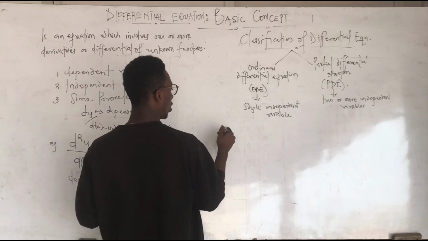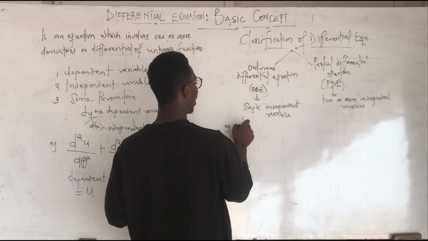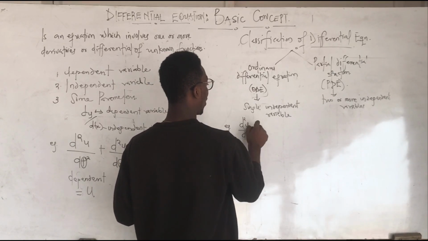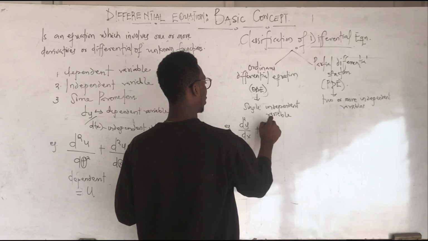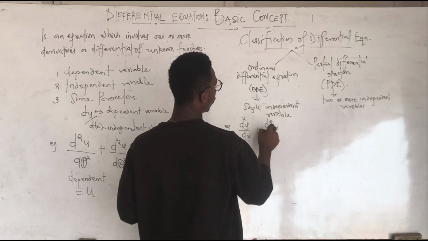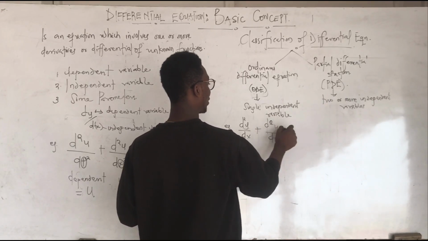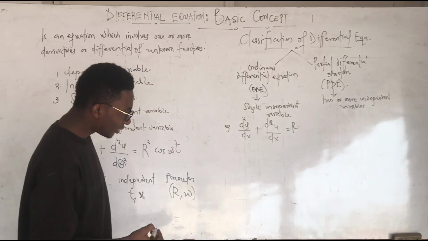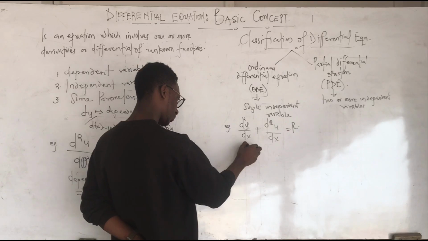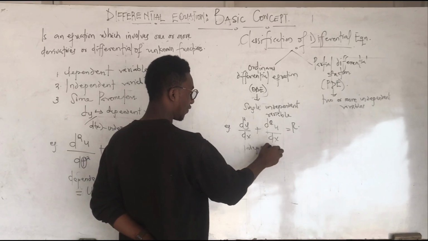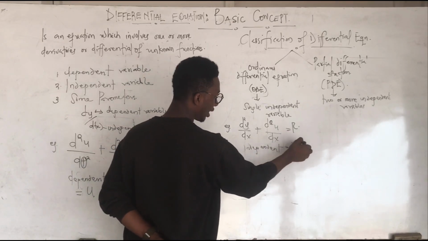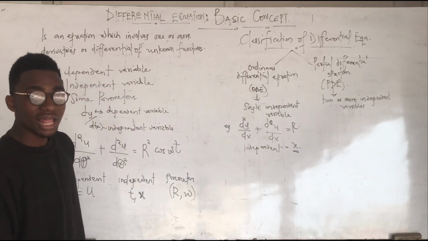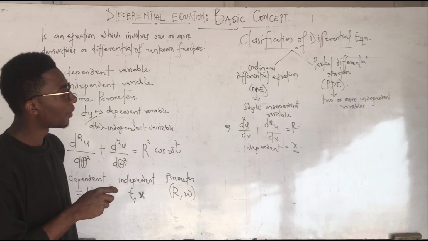Let's take an example. Say you have an equation of this nature: the second derivative of y with respect to x plus the derivative of u with respect to x is equal to, let's say, r. This equation has only one independent variable, x, so we can say this differential equation is an ordinary differential equation.